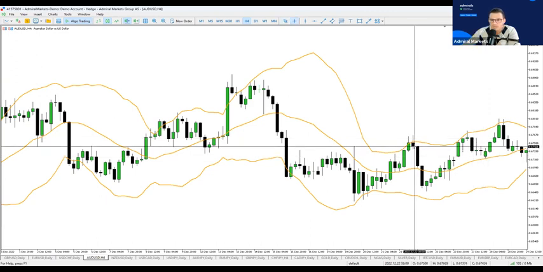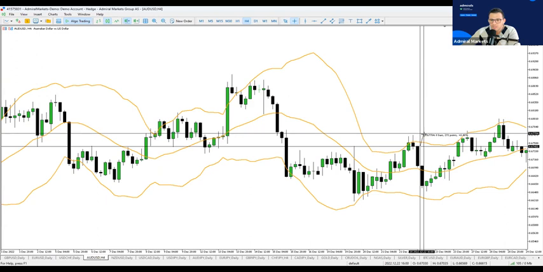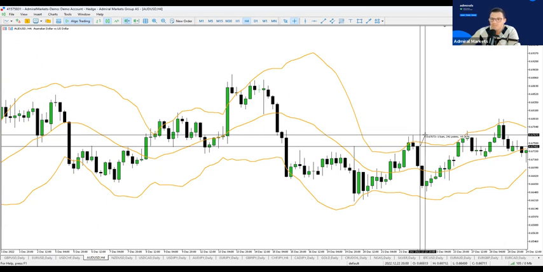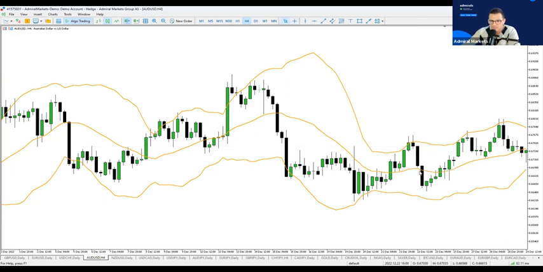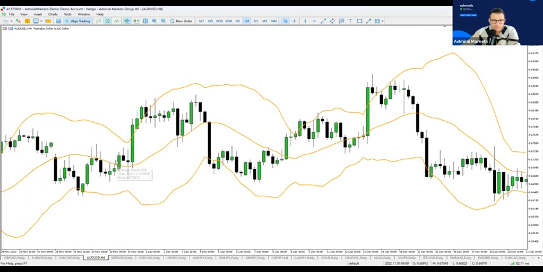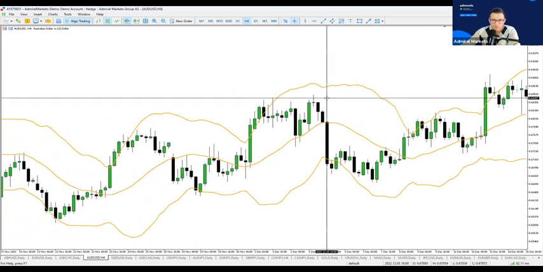Or this one here, the price could have 23, 25 pips, let's say. Stop loss we had 45, 1.5 to 1 by the time it touches the middle band. So that's how you can work around with the Bollinger Bands.